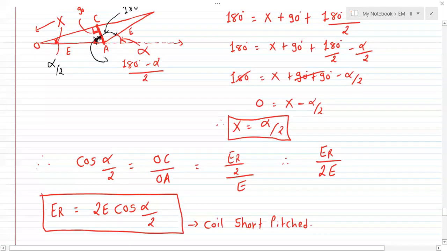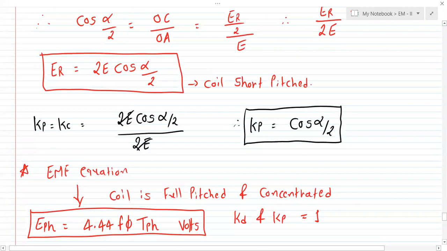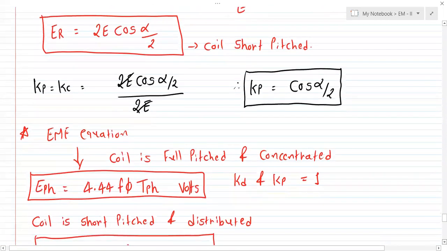From that we derive the EMF generated in a short pitch coil, which is 2E cos alpha by 2. Taking the ratio of the EMF in the short pitch coil to the EMF in the full pitch coil, the final equation is Kp or Kc equal to cos alpha by 2.